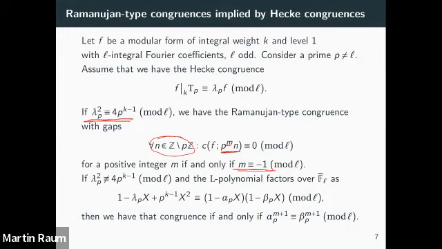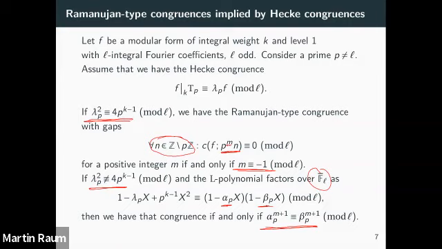And if the Satake parameters are distinct mod ℓ, then you need to factor the Hecke polynomial, let's say over F_ℓ bar. And so here are the Satake parameters essentially. And if you get the congruence to the (m+1)st power of those parameters, then you get a congruence, and otherwise not.